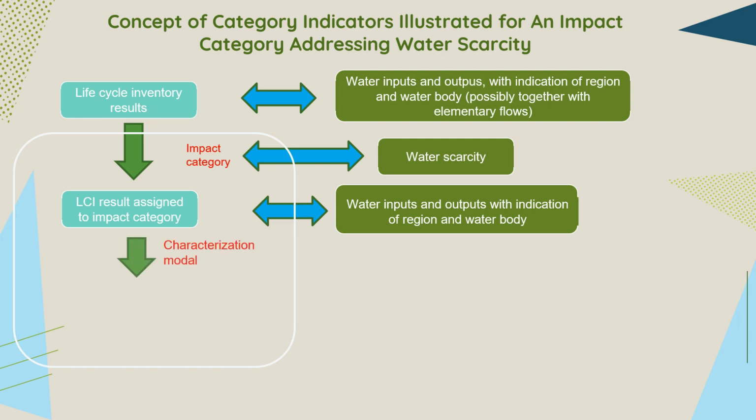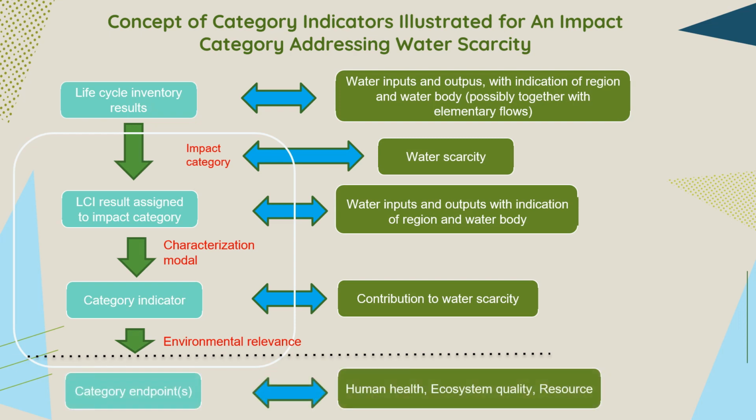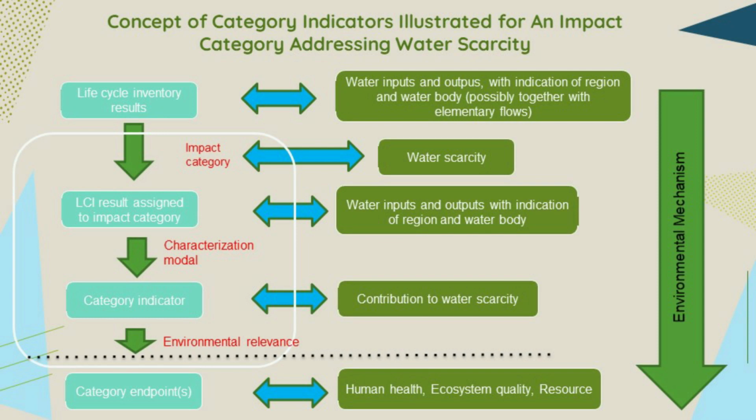Next is category indicator, which is contribution of water scarcity, and also the environmental relevance, which is category endpoint, which is human health, ecosystem quality and resource. So all of this is for environmental mechanism.